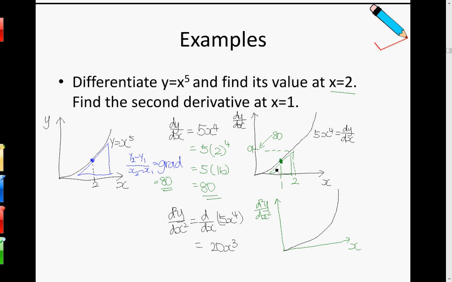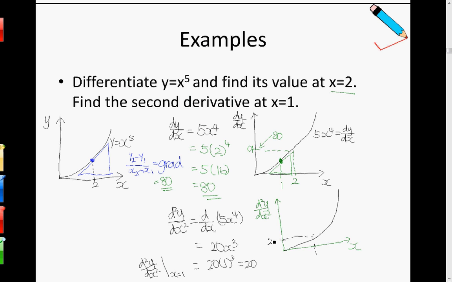Remember I actually wanted to find the gradient over here, but with this graph, all I have to do is to find the value of d2y dx squared, and it will be equal to this gradient I would find using the formula as well. So if I sub 1 into here, d2y dx squared at x equals to 1 would just be equal to 20 times 1 cube, which is 20.